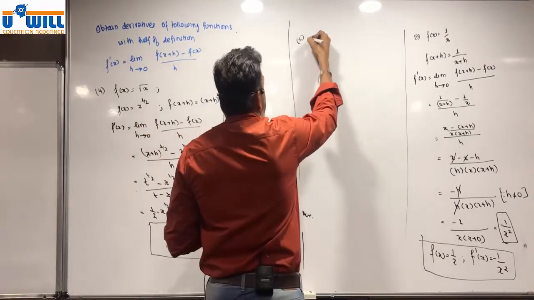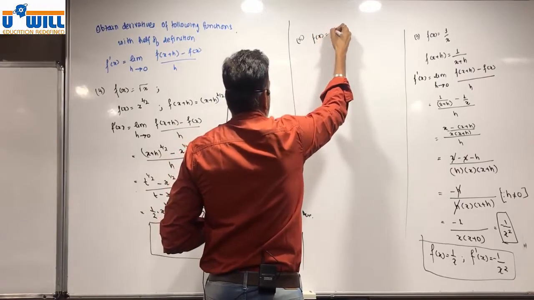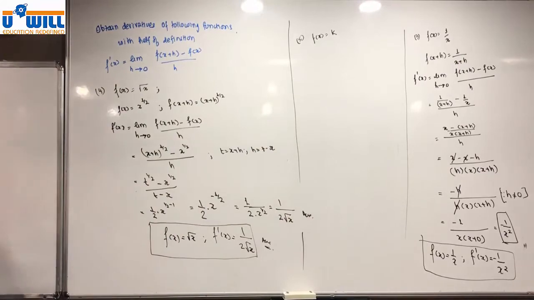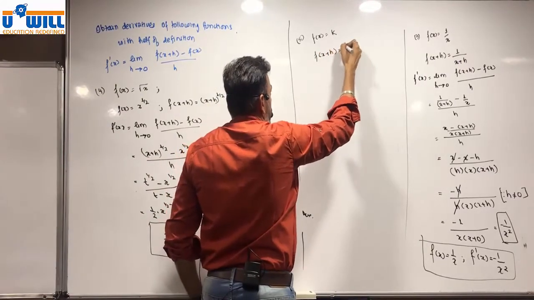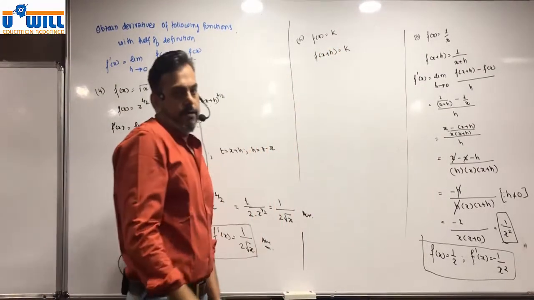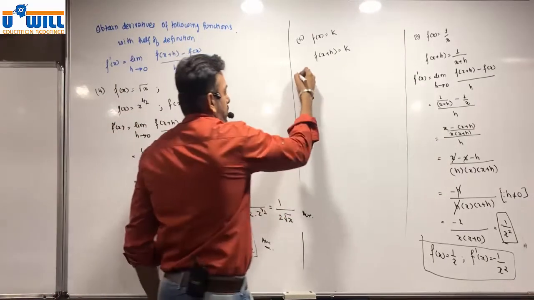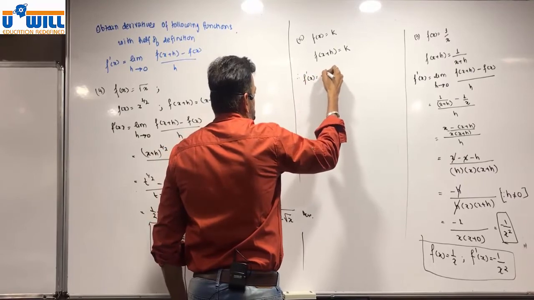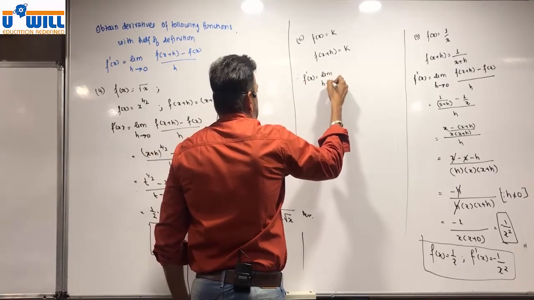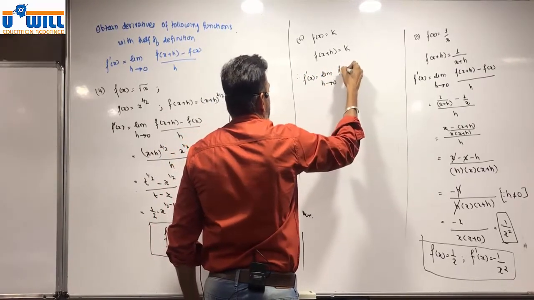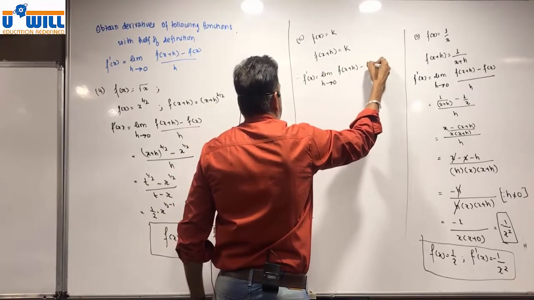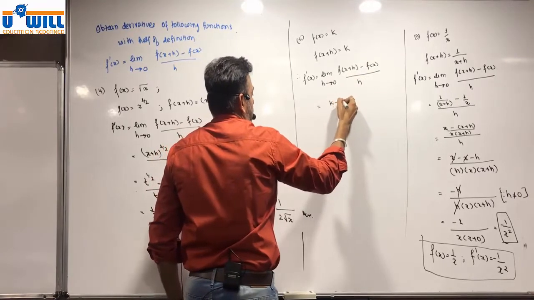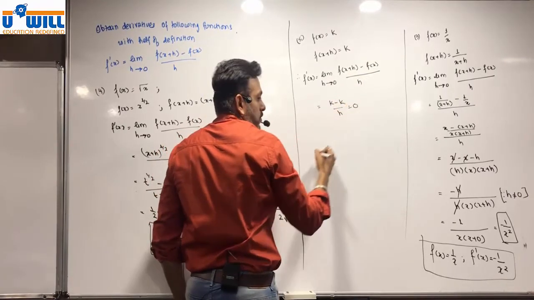Fifth, f of x is equal to k, constant k. Function of x plus h will also be constant. Therefore, derivative of function of x is equal to limit h tends to 0 function of x plus h minus function of x upon h, which is equal to k minus k upon h, which is equal to 0.